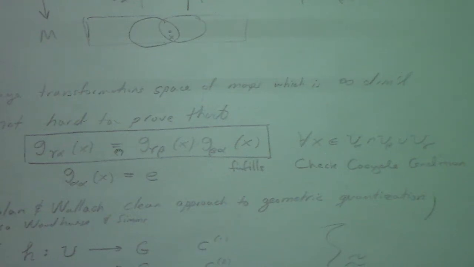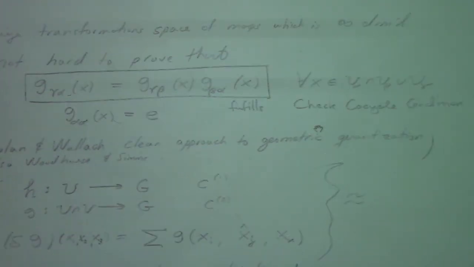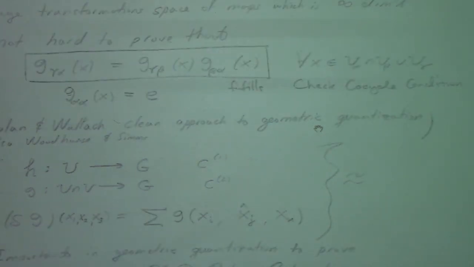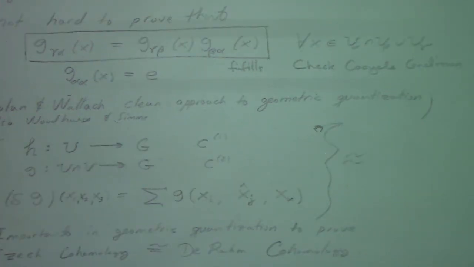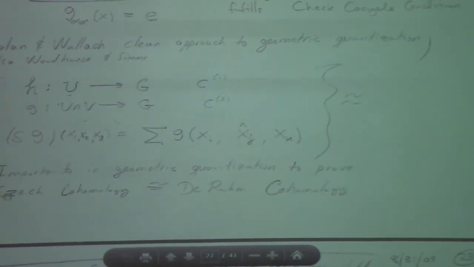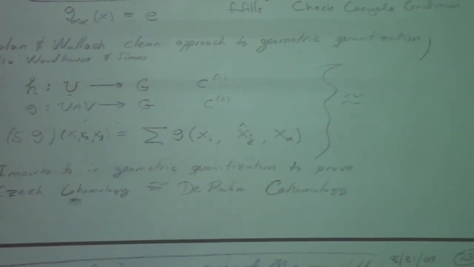But anyway, these satisfy what's known as the Čech cocycle condition. Oh my goodness, why are we talking about geometric quantization now? Ay caramba. There we go, there's how you spell Čech. Čech cohomology. Anyway, this is an interesting comment. I'm not sure, I want to move on.